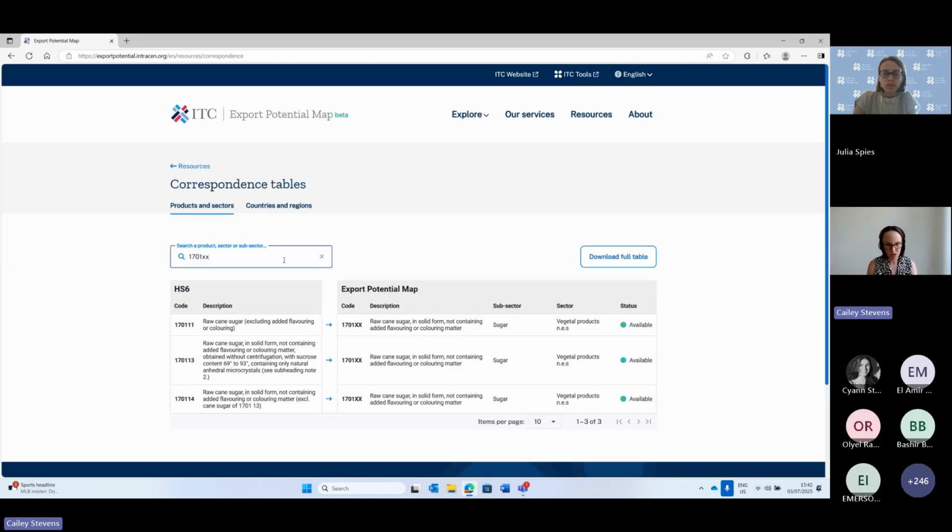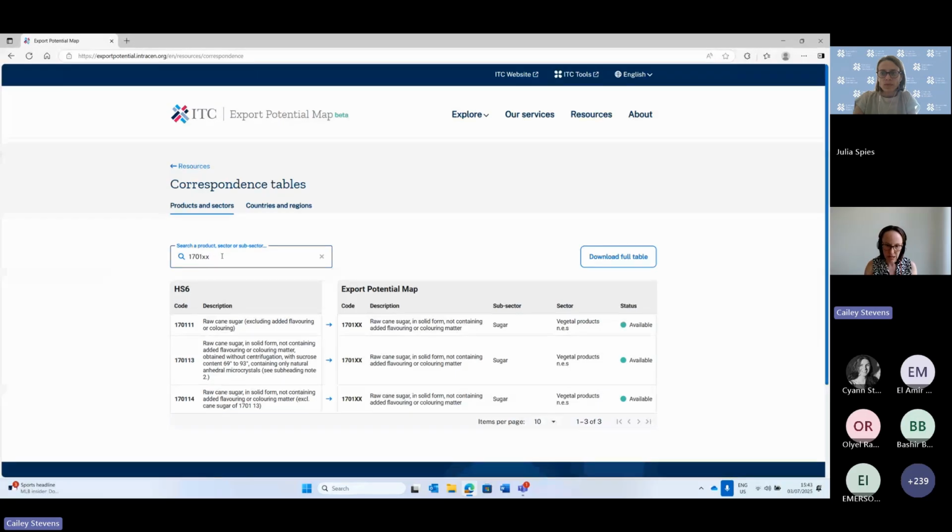Because we use historical trade data to estimate export potential, and sometimes there are revisions in HS codes, or you have different countries using different versions of the HS classification, we have to create product groups. So when you see something that doesn't look like an HS6 code, that has an X in it or some other letters, it's a product group. And by going to correspondence tables and typing in the name for that product group, you can see which HS6 codes are included.